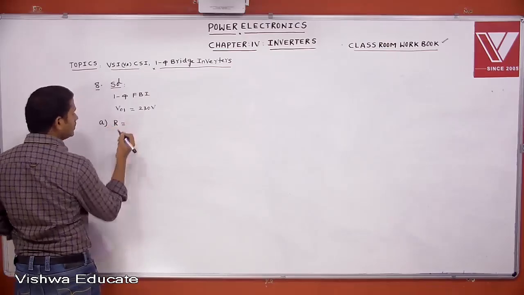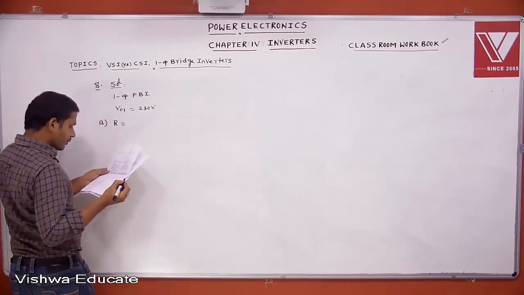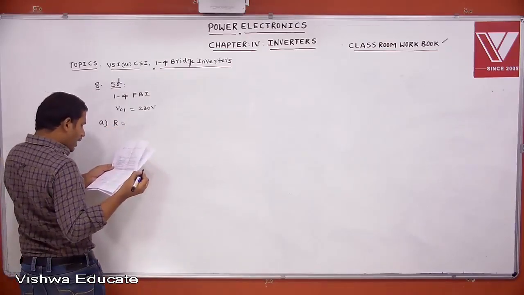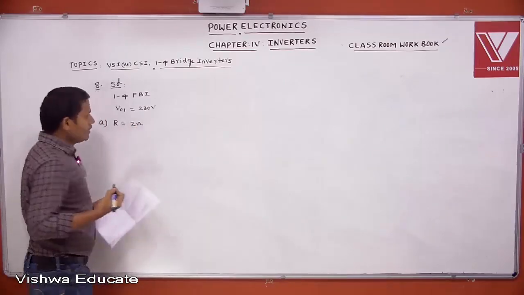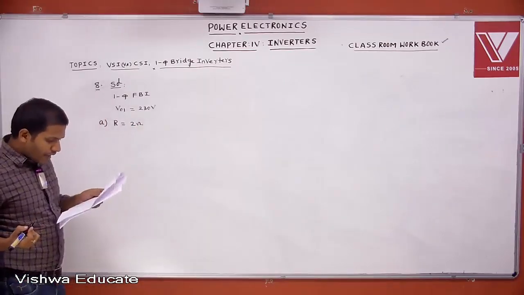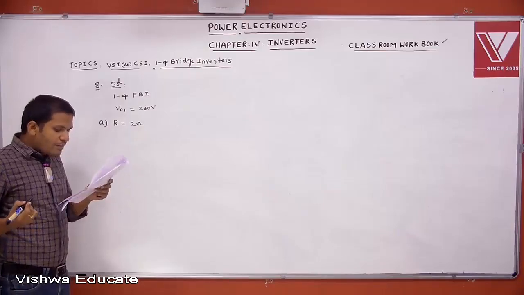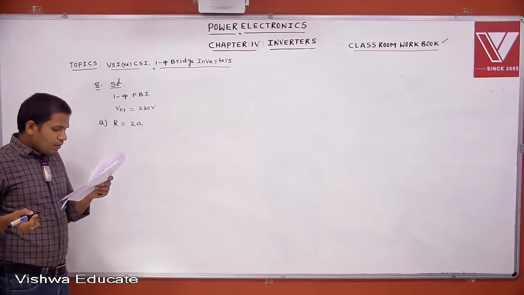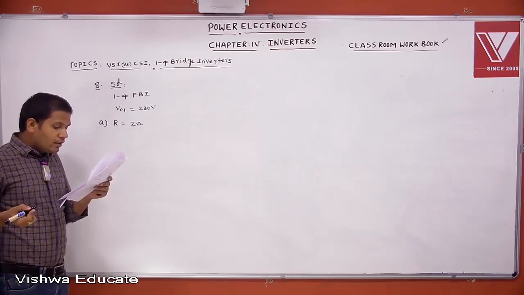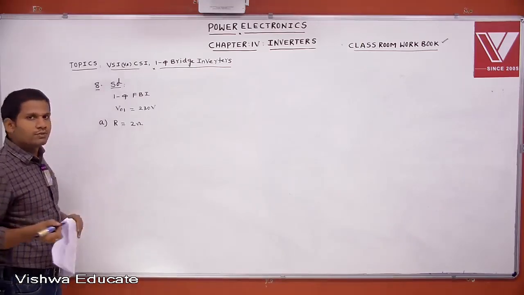R equal to what is given? For R load of R equal to 2 ohms, the first one, you calculate the RMS value of thyristor and diode currents for a resistance of 2 ohms.